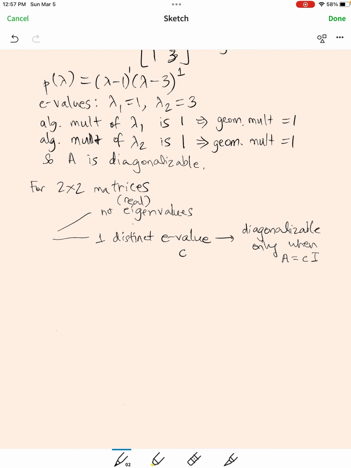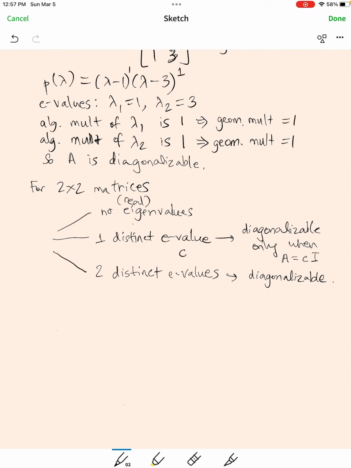Or you could have two distinct eigenvalues. Again, all these are referring to real eigenvalues. And in this case, it has to be diagonalizable, because the algebraic multiplicities are 1, and that forces the geometric multiplicities to be 1, and then they're equal.